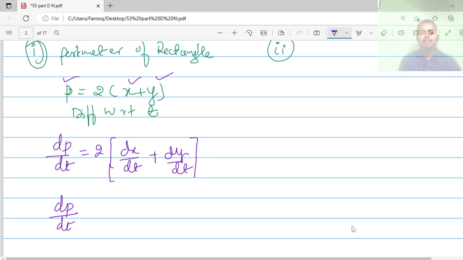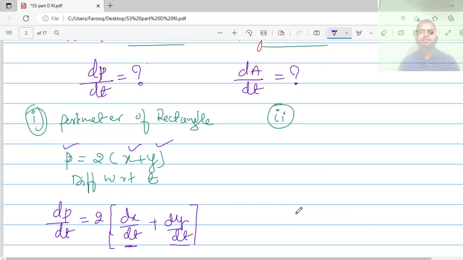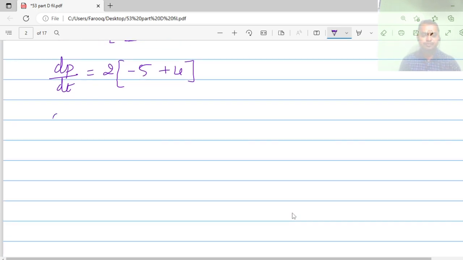Now put the values of dx by dt and dy by dt. dP by dt is equal to 2 into minus 5 plus 4. The length x is decreasing, so minus 5, and the width y is increasing, so plus 4. Minus 5 plus 4 is minus 1, so dP by dt is equal to 2 into minus 1, that is minus 2.